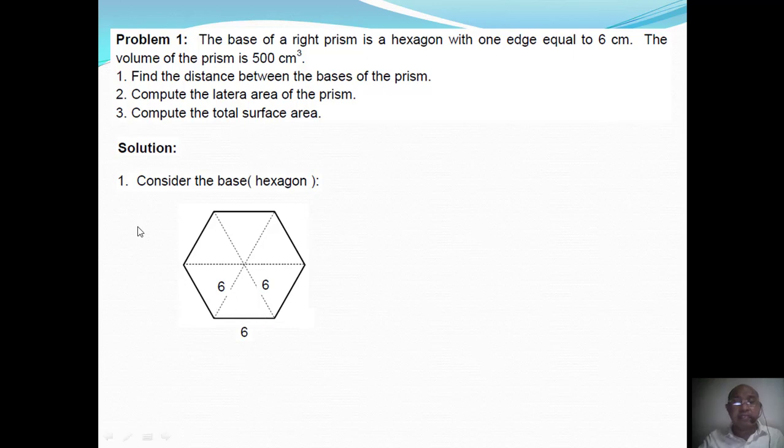So we can simply solve question number 1, find the distance between the bases. The volume is given, so I can solve for the area of the base. The area of the base is equal to 6 times the area of the triangle here, and the area of the triangle is 1/2 times 6 squared times sine of 60.